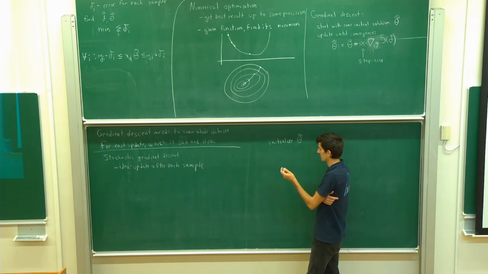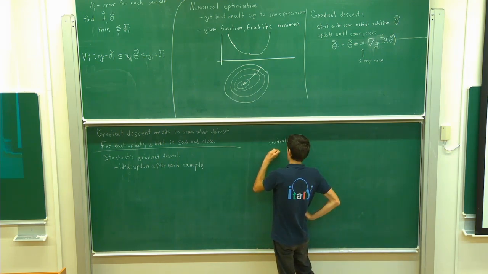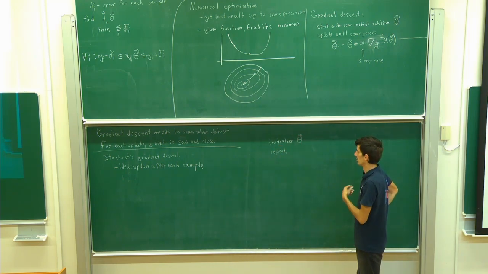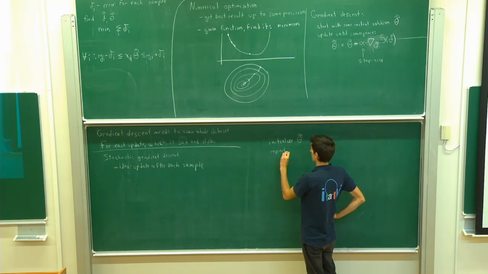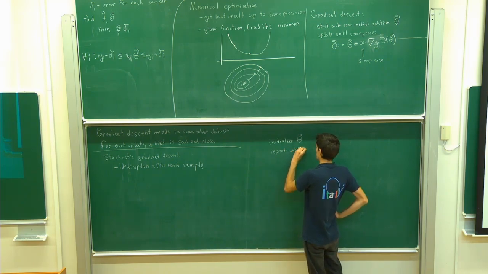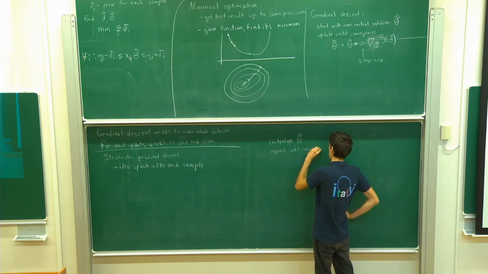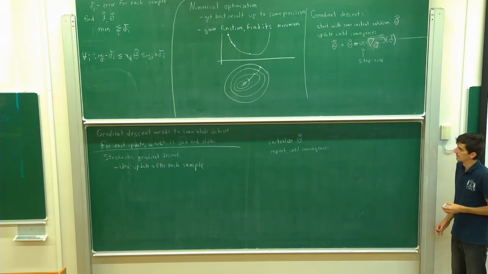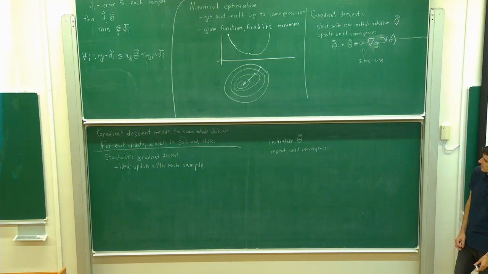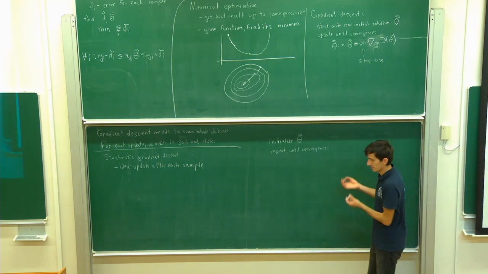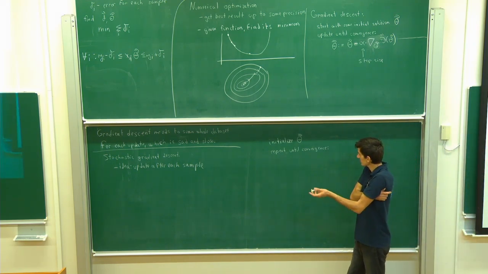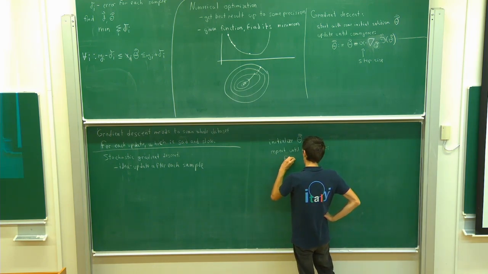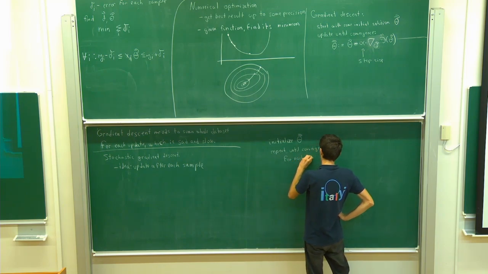So we initialize theta and repeat, either until convergence or until some threshold for epochs, or, as I said, until I am patient enough to press Ctrl+C to stop the program. That's up to you. So we repeat this until convergence for each sample.